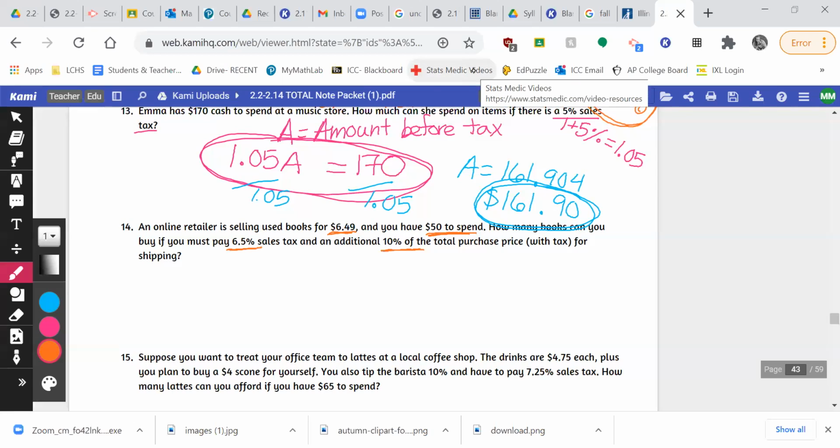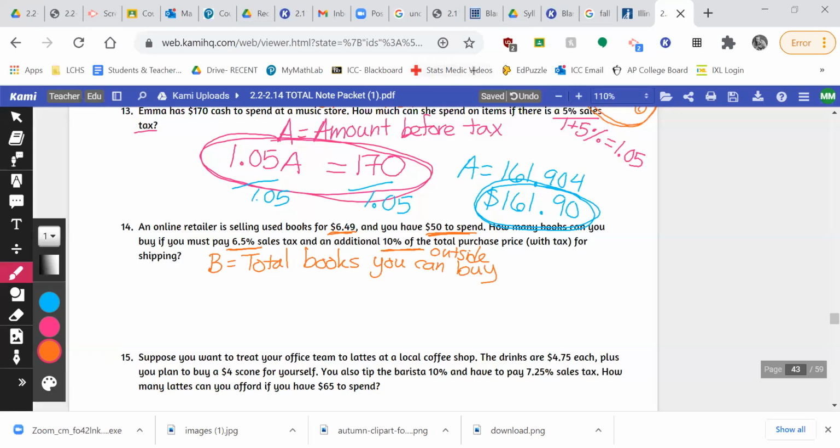The shipping, just like your tip, is going to be on the outside. And it says how many books can you buy? So let's say B equals the total books you can buy. So we know that each book costs $6.49.